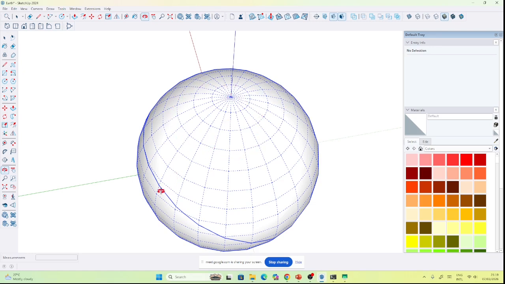Okay. So rumb line means basically in a Mercator chart, your course is a rumb line because it will be intersecting the meridians at the same constant angle, right?